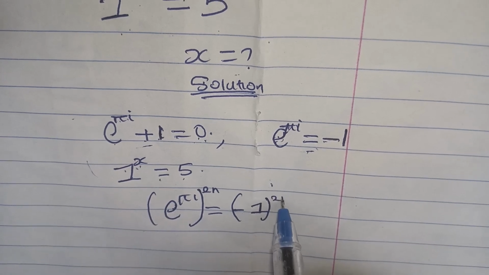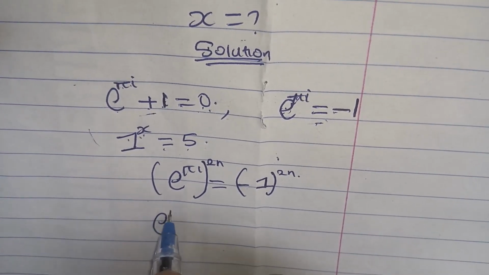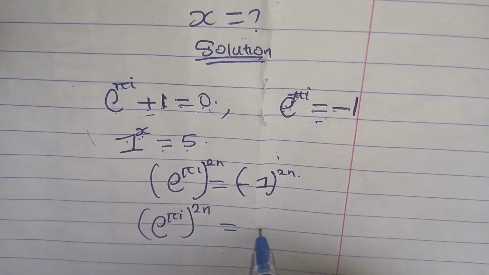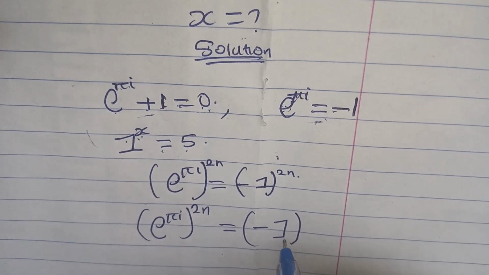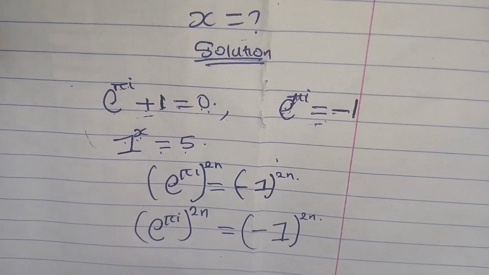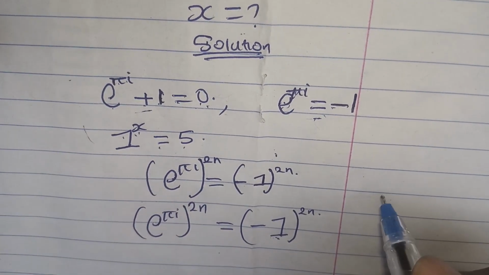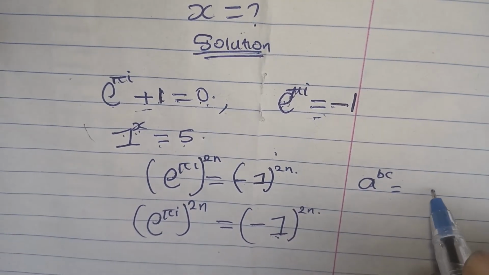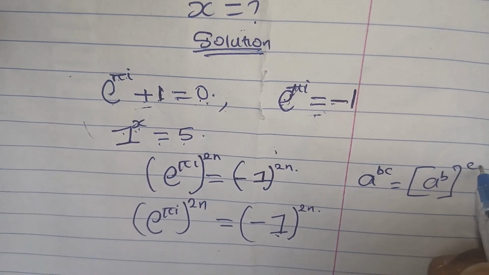So having this, we can say (e to the power of pi i) to the power of 2n is equal to (minus 1) to the power of 2n. Working on the right hand side, we are going to apply a rule which says if we are having a to the power of bc, it's also equal to (a to the power of b) to the power of c.